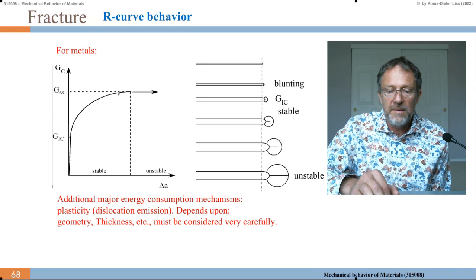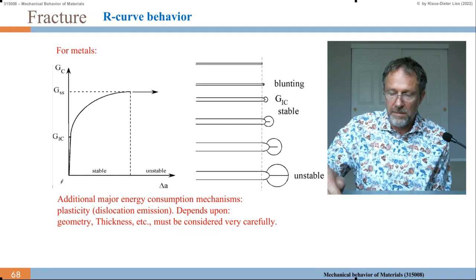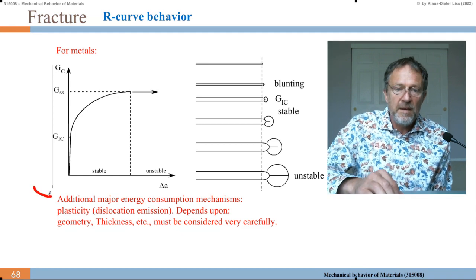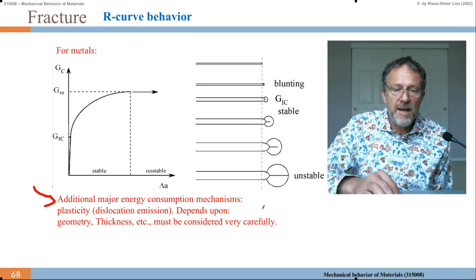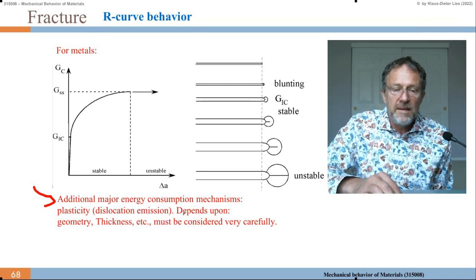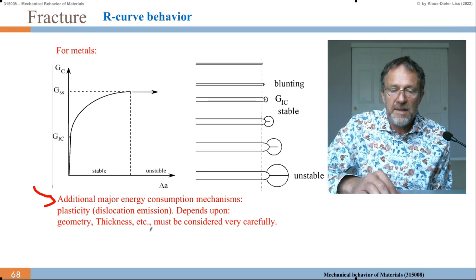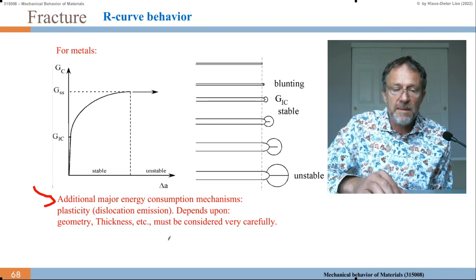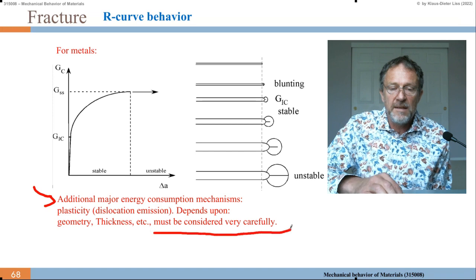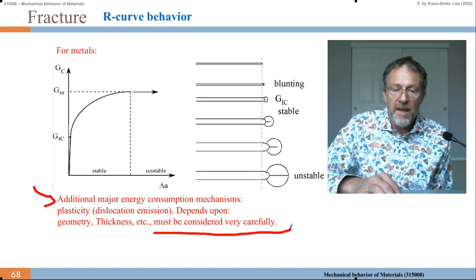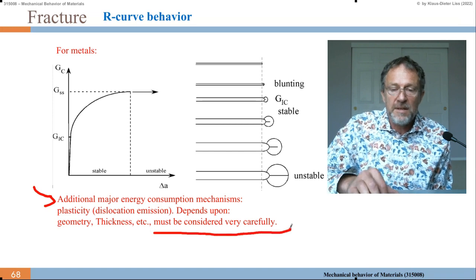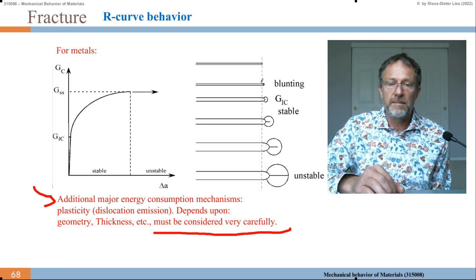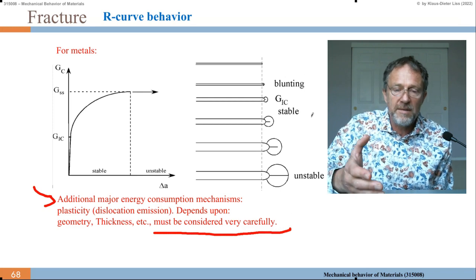For metals, we know metals are ductile, so we have additional major energy consumption mechanisms, such as plasticity by dislocation emissions, and that depends upon the geometry, the thickness, and so on, and it must be considered very carefully, because each metal is different, the mechanisms are different. So there are various situations.